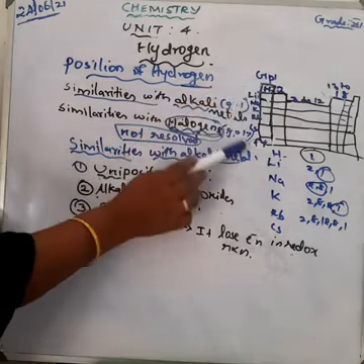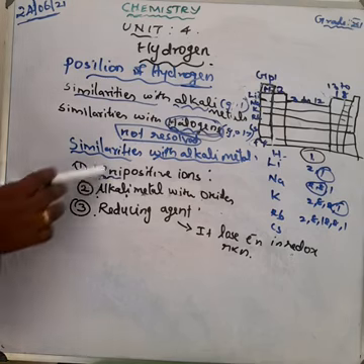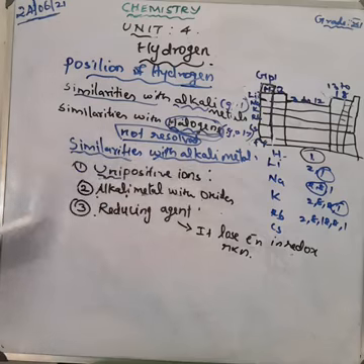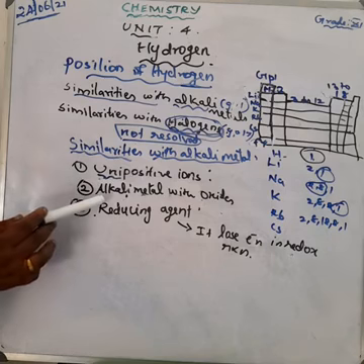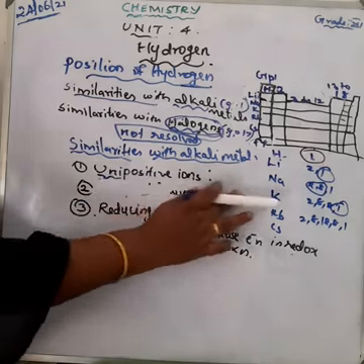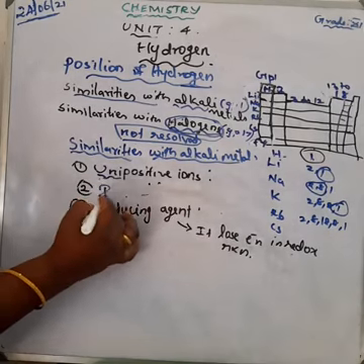Whatever similarities between hydrogen and alkali metals, the three similarities: first, it forms a unipositive ion like alkali metals. Second, it forms halides, oxides, sulfides like alkali metals. Third, it also acts as a reducing agent.